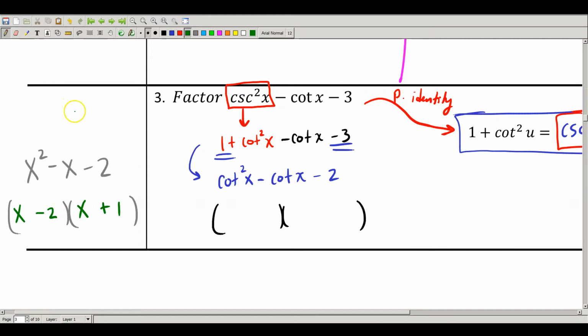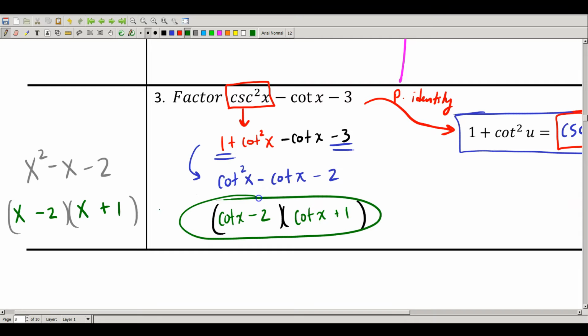Of course, you could use the x factor, snowflake method, or whatever you want, however you factor this. But it's really the same thing over here. So instead of x minus 2 times x plus 1, we would have cotangent of x minus 2 and cotangent of x plus 1. And there's my answer.